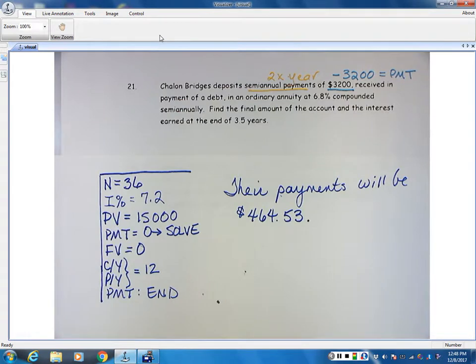And this is money that he received in payment of a debt at an ordinary annuity.